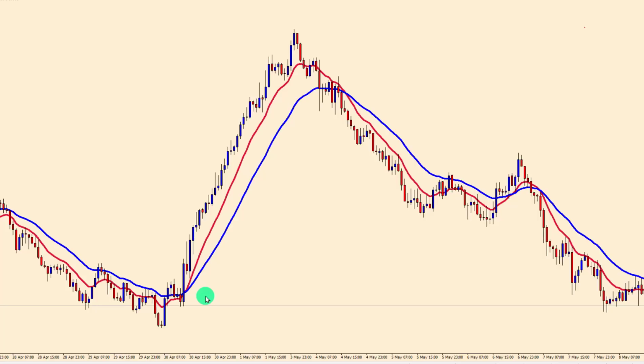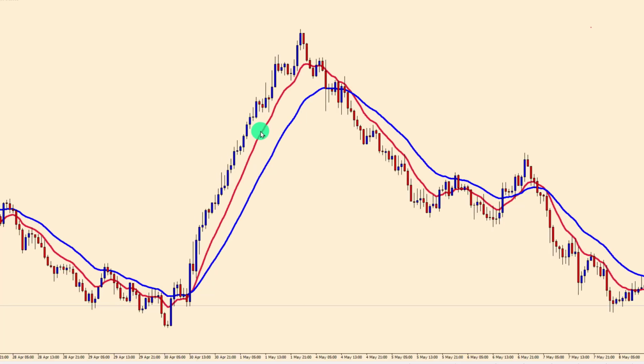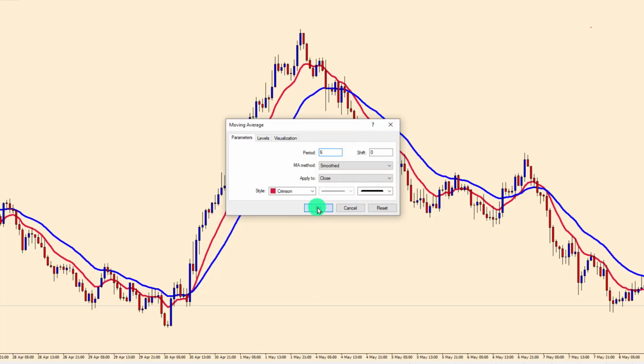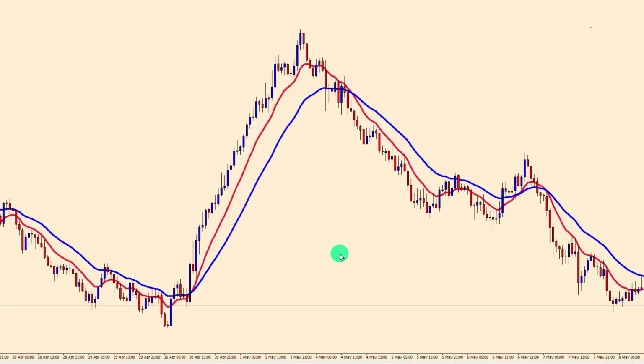So strategy 2 is where the filter MA is the slower MA. In other words, it's a higher period, and the trend MA, which is actually the entry MA, is fast. Can you see this is faster? It's got a 6 setting. Okay, so that's strategy 2.